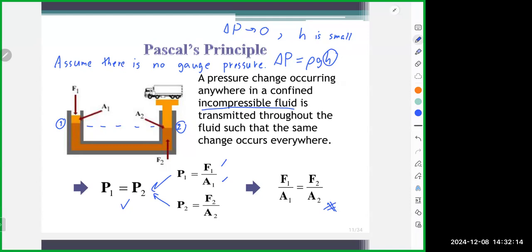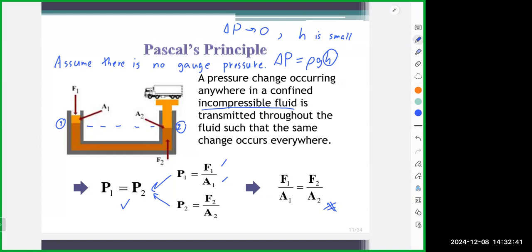This means that if you would like to lift something very heavy, you just put that heavy thing on the large area, the large surface, because the force will be spread over a very large area. And all you have to do is push or pull at a very small area.